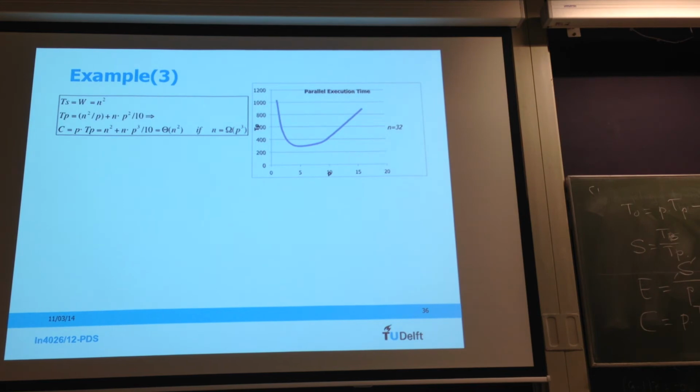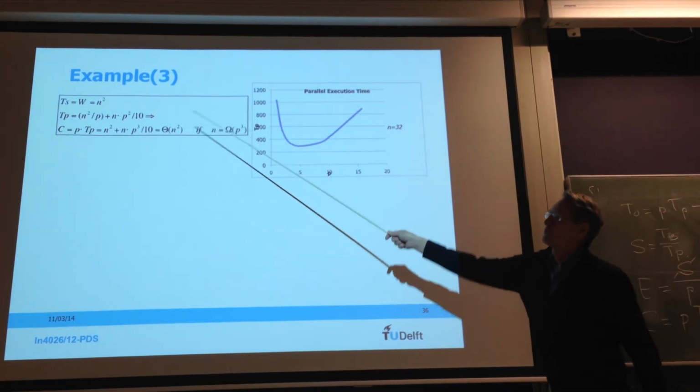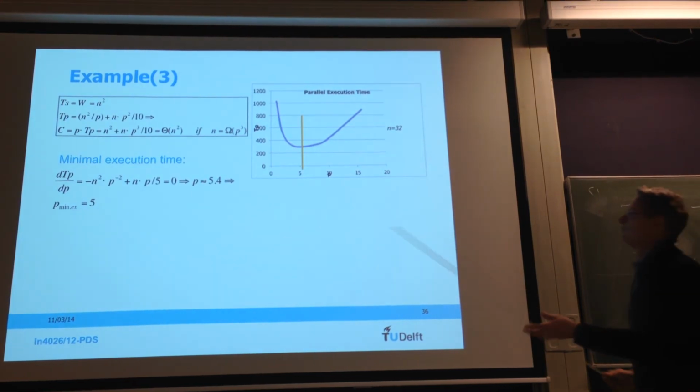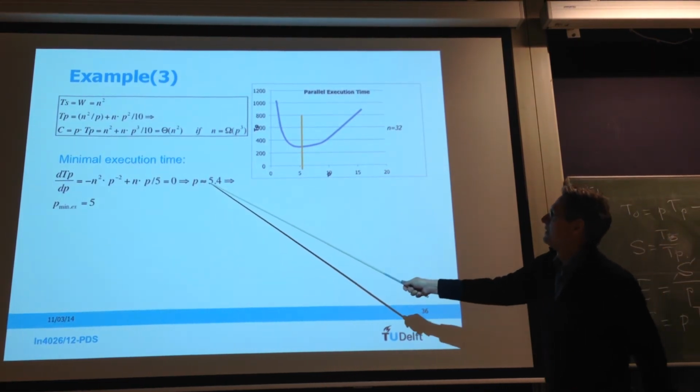Right? And by solving this one out of this equation and substituting it back, we can derive the optimal number of processors. Right? And the minimal execution time is this, right?